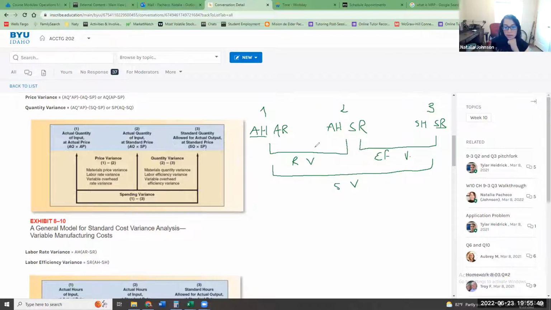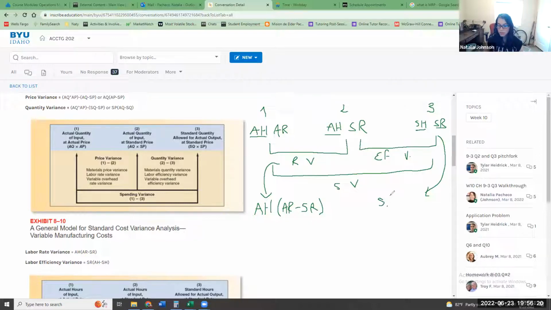And if you want to just use the formula for the rate variance, then you know that because they have AH in common, the rate variance is AH multiplied by the difference of AR and SR. And then the efficiency variance, the only difference is the hours here, because they have the rate the same.